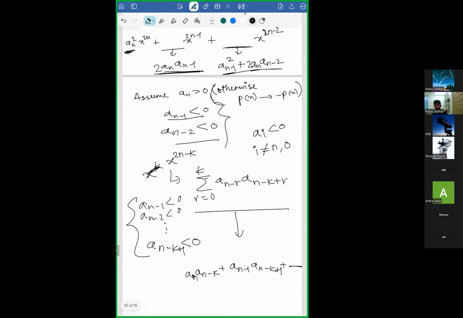Now we want to show that an minus k is negative as well. So to show this, we are just using induction. And now here note that all the terms other than this an minus k term are positive. Is this fine?